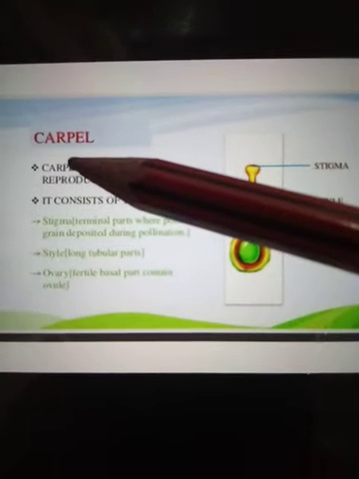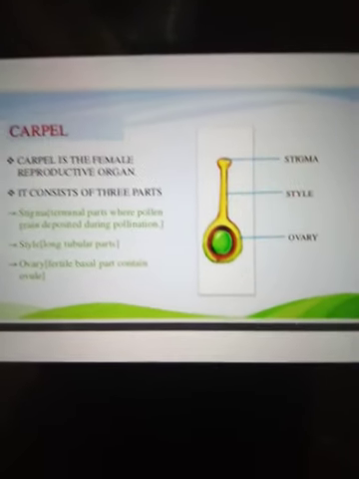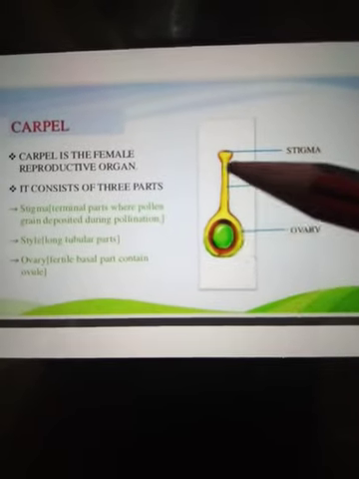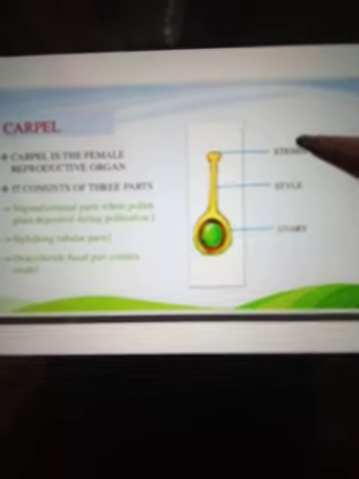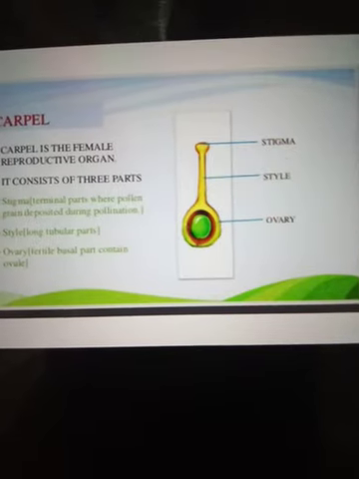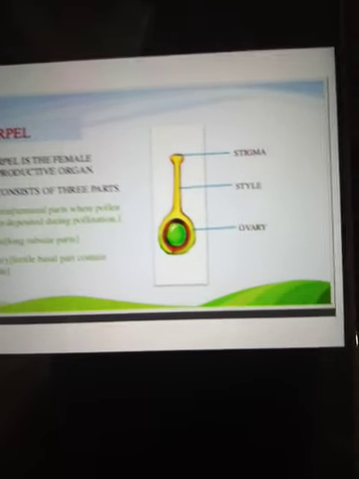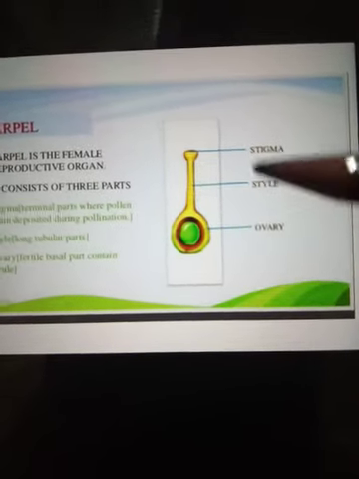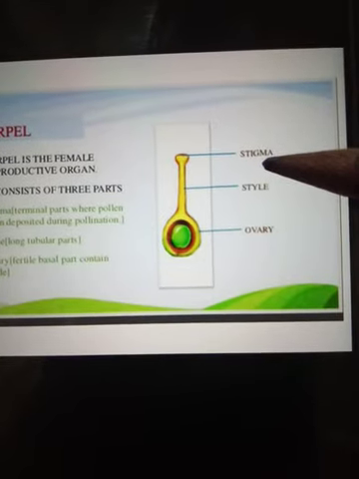Now here comes the carpel, that is the female reproductive organ. It also consists of three main parts, that is stigma, over which in the pollination, last part you have learnt about pollination. You know stigma plays a very big role in this.